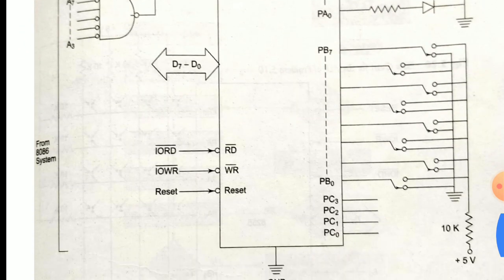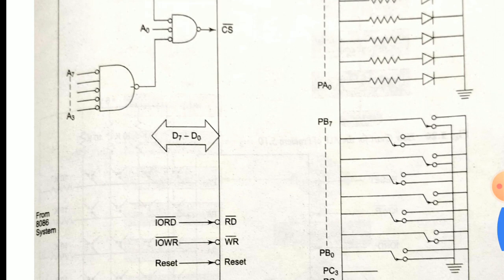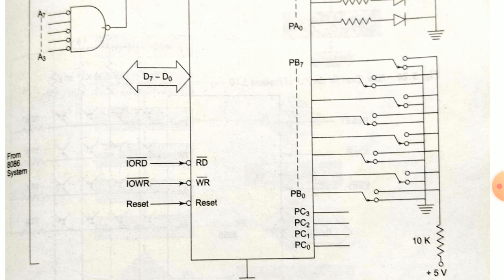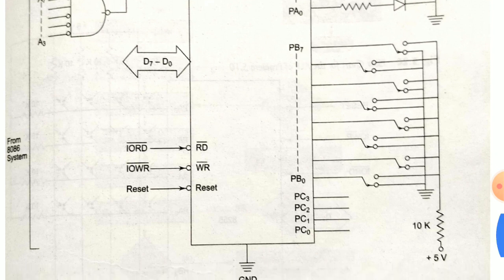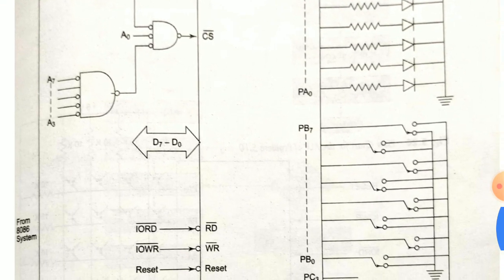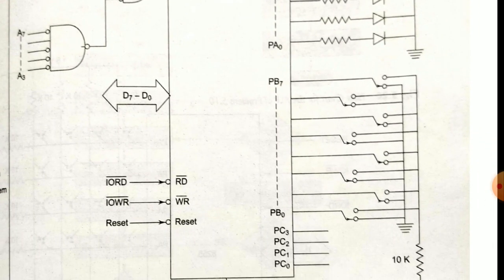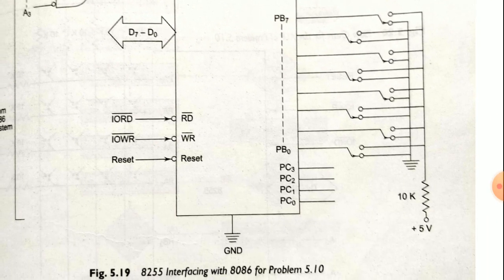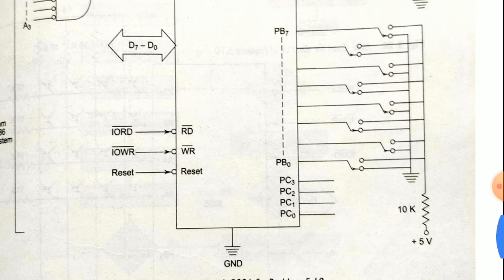Also it contains port C pins PC0 to PC3. As I already informed, port C pins are divided into two subports, port C upper and port C lower. In general we may use only port C lower. So in this diagram the port C pins are only 4 I/O pins, that is from PC0 to PC3.